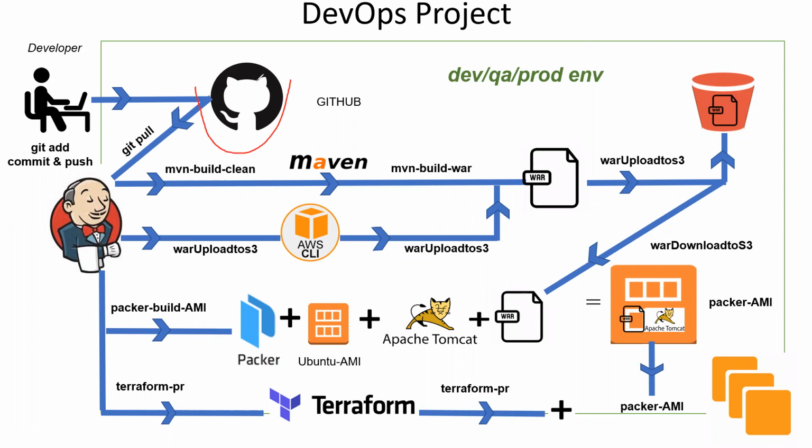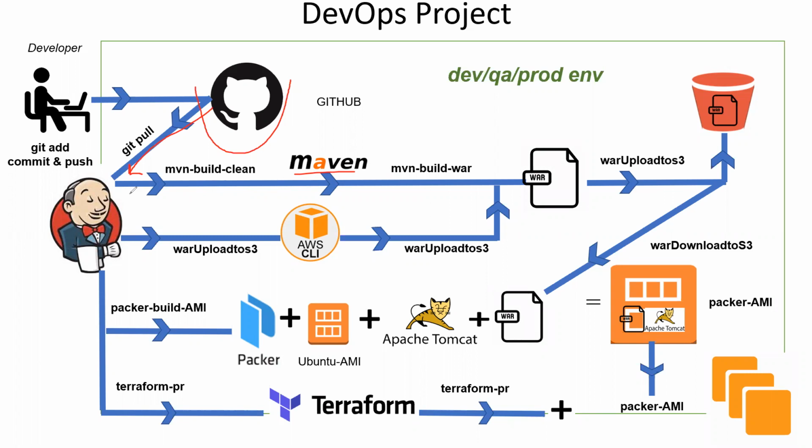Once the code is placed into GitHub, we pull that code. And for building, we need a build tool like Maven. We'll go ahead and build with Maven. When Maven comes into picture, this process has to be very regular and continuous.